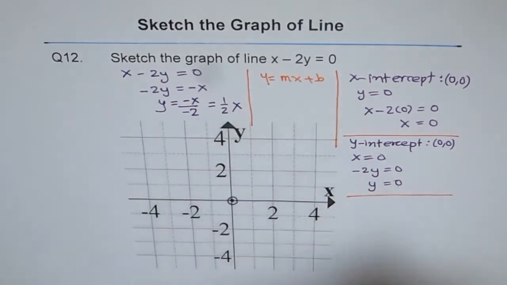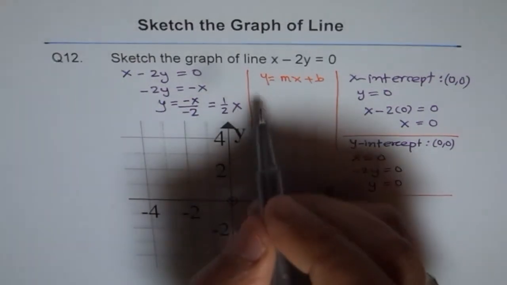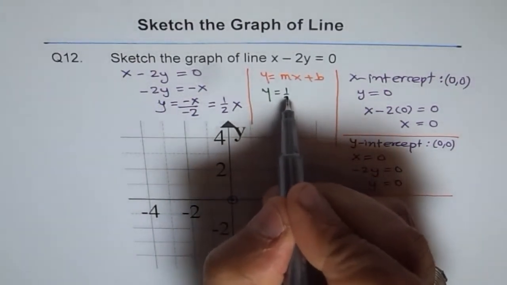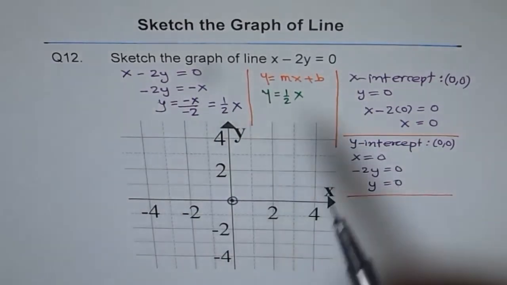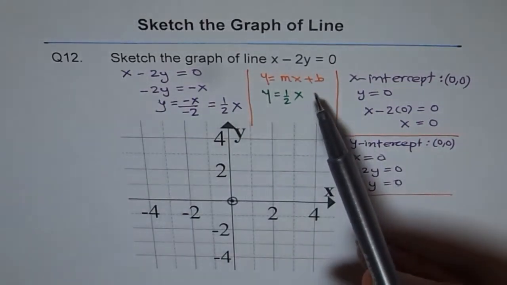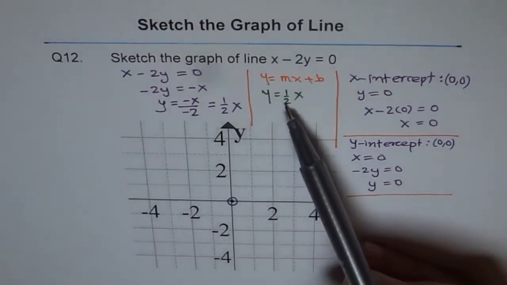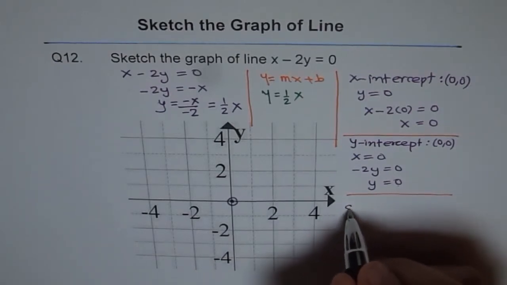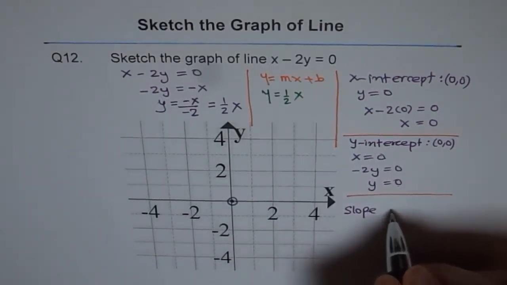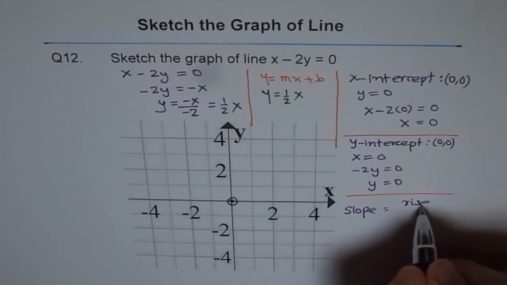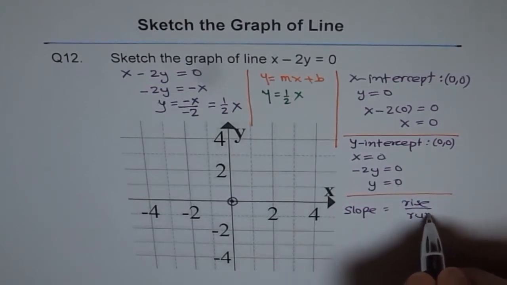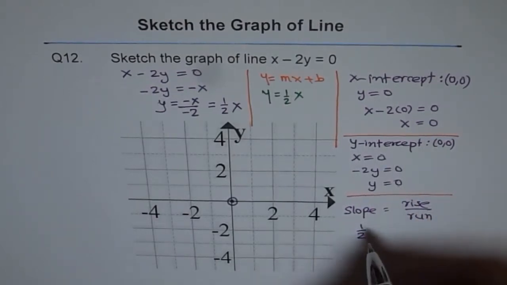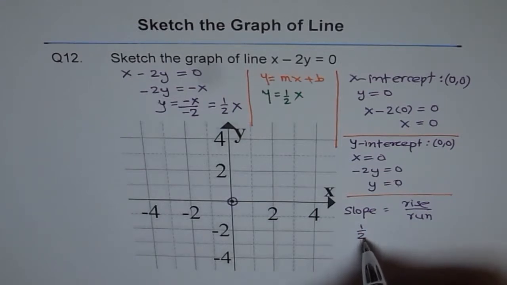So if you see this equation, which is y equals to half of x, then y-intercept is 0, b is 0, right? And m, the slope is half, correct? So when we say slope is half, then what? Then slope is rise over run, correct? Now we say slope is half, that means rise of 1 and run of 2.